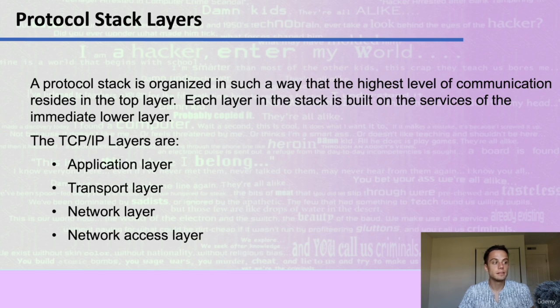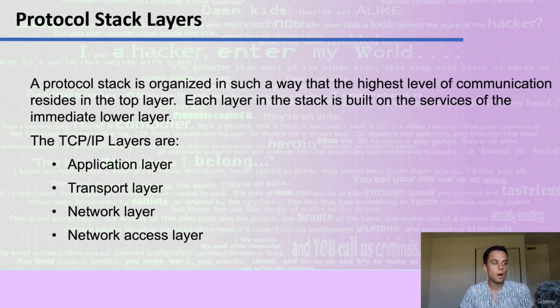Next is the network layer, and the purpose of the network layer is to send packets from the source to any network and make these packets reach the destination, regardless of the route that they use to get there. The final layer is called the network access layer, also called the host-to-host network layer.